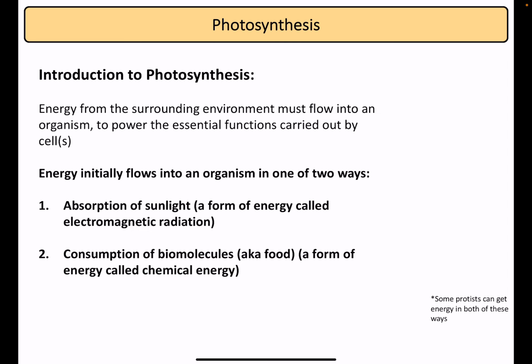So that's one way. There is another way, which we're going to learn about here in this video, and that is that some organisms can actually absorb sunlight energy and use that energy to build their own food without having to consume others. So that's what we're going to be talking about here in this video.